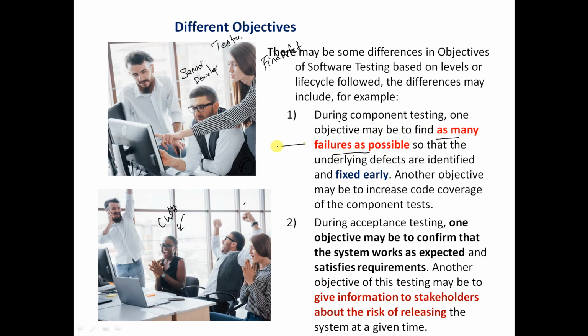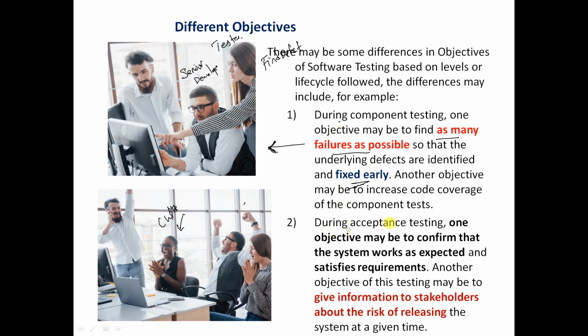So that's what is happening here. For these objectives you should remember these pictures, so that you will never forget the concepts. On the component level, and whether it is unit, integration or system level, they have to find as many defects as possible, because they can be fixed early, before delivering to the customer. So this is one objective in this phase.